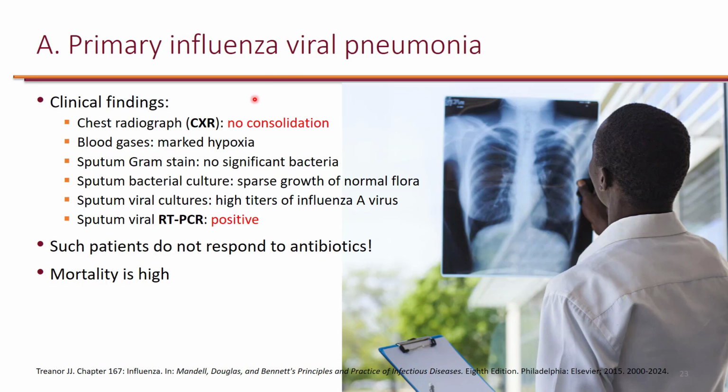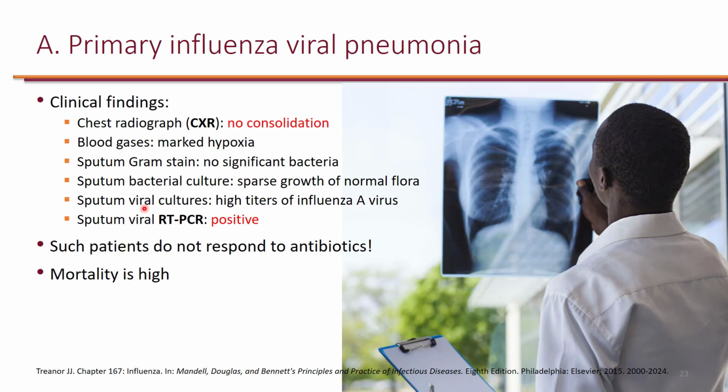Now, because it is viral pneumonia, because of the pneumonia part, the patients are going to have marked hypoxia. So there is a problem with oxygenation. And of course, if we get the sputum sample and we do gram stain, there will be no significant bacteria seen, and no bacteria will be grown on sputum culture unless normal flora.